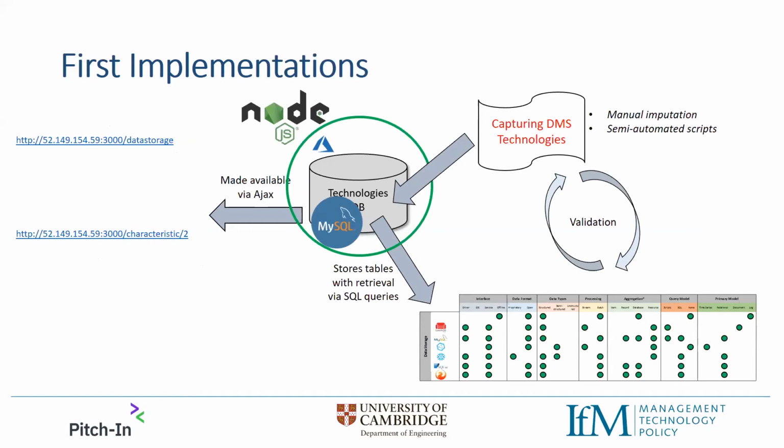And in order to have a tool and realize this deliverable, what we are doing is putting all this classification, and you can see again the example in terms of data storage in the bottom corner, into a database.